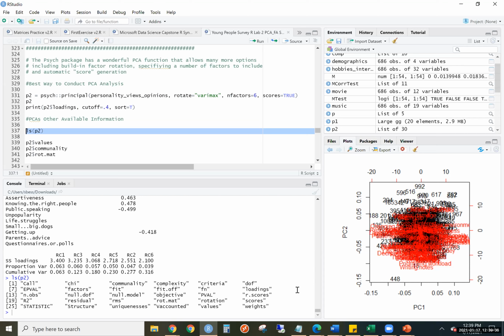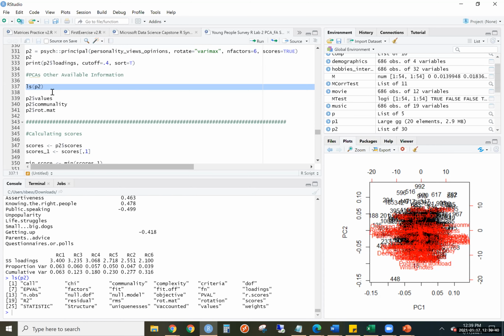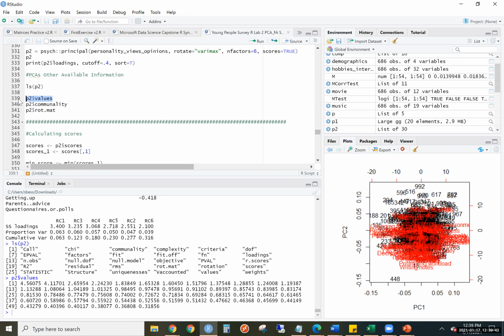Now, we can use the ls function to see all the different commands that we can use in the PCA. The primary ones that we typically use, and you can see there's a wide variety here, but if we want the eigenvalues, we use pc$eigenvalues. And this is where we can say table of values greater than 1.